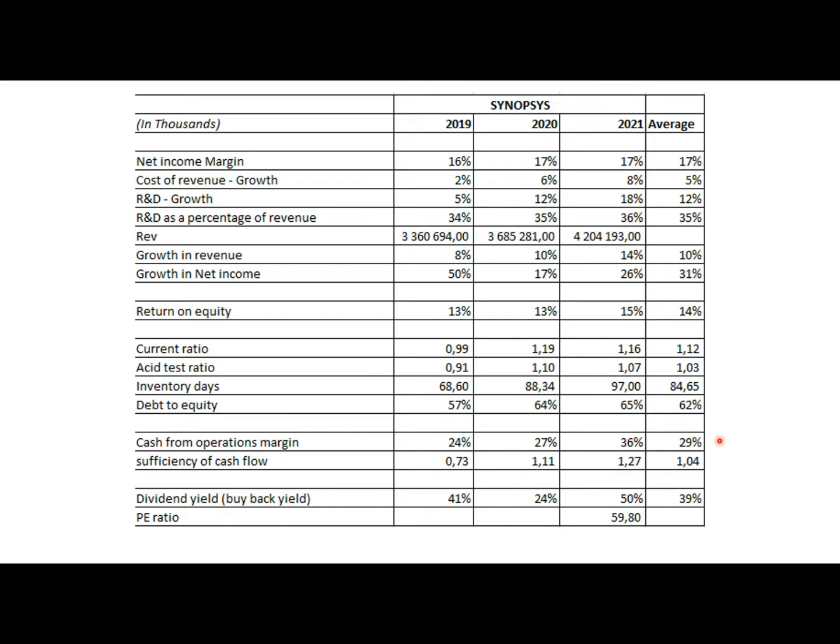I love it. Sufficiency of cash flow on hand has been improving. It's actually above the industry average. The industry average is 0.84. So it's above the industry average. That is very, very good. So on average, Synopsys has more cash from operations to settle activities such as paying off debt, but doesn't pay off that much considering the debt is deferred revenue and income received in advance.